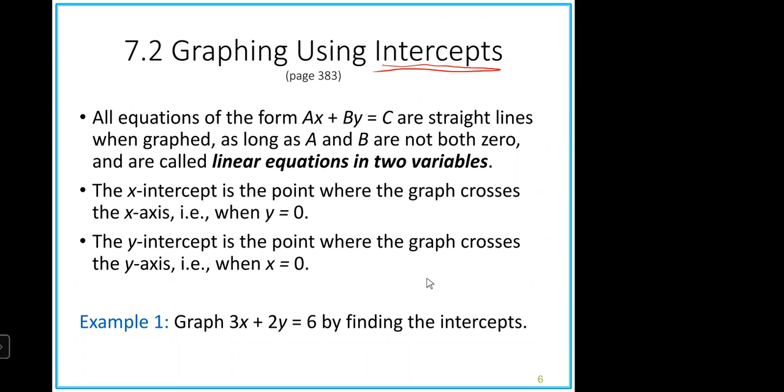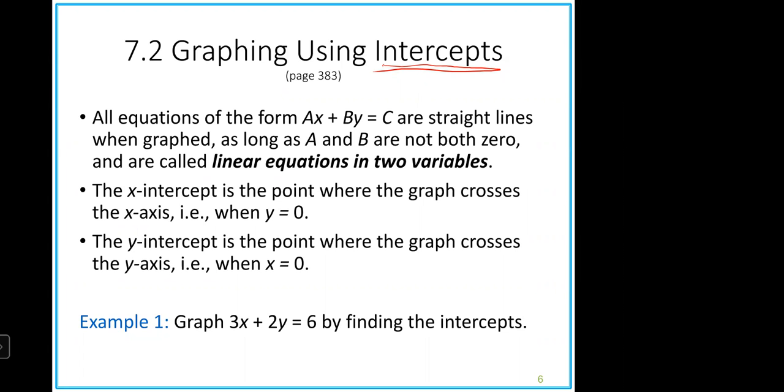Last week, we formed a table of values, used it to get a few points for x and y, and plotted the graph.